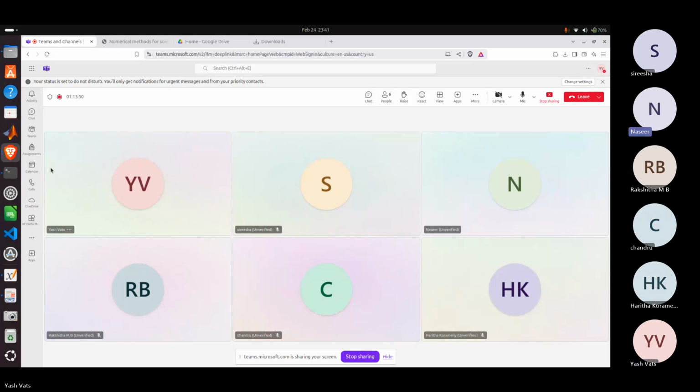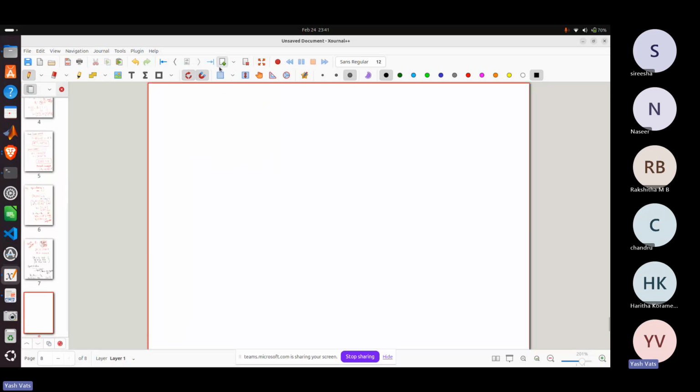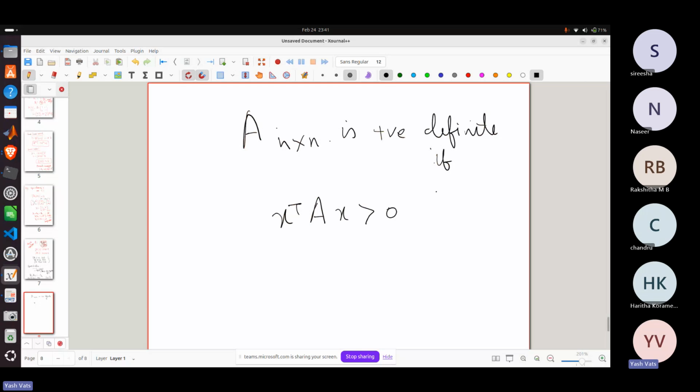Sir, can you just elaborate on positive definite matrices? Yes, sure. Positive definite is just if you have a matrix A of size n by n, then you say A is positive definite if x transpose A x is greater than 0 for all x in R^(n×1).